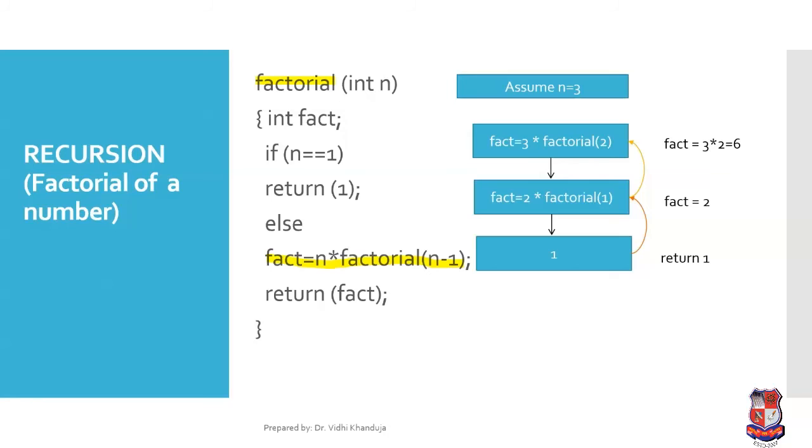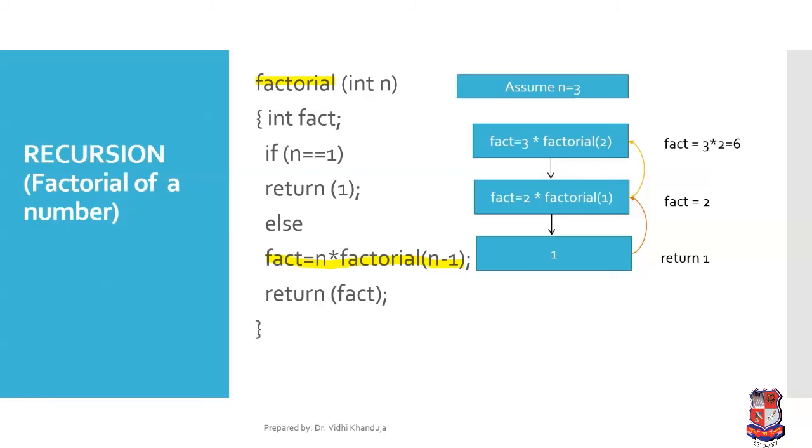That means if n is 1, I am calculating 1 factorial, then 1 will be directly returned, right? If I am calculating 2 factorial, then what is going to return? First, this statement will be executed, that is fact is equal to 2 multiplied by factorial 1.